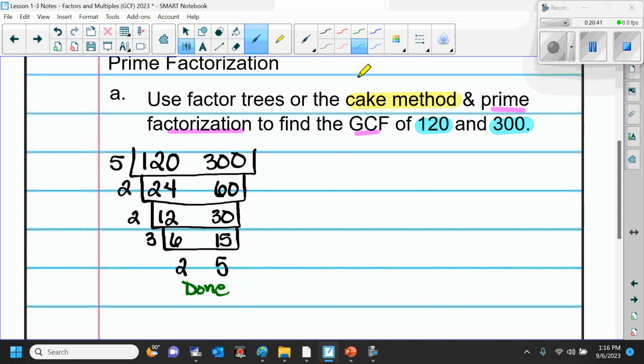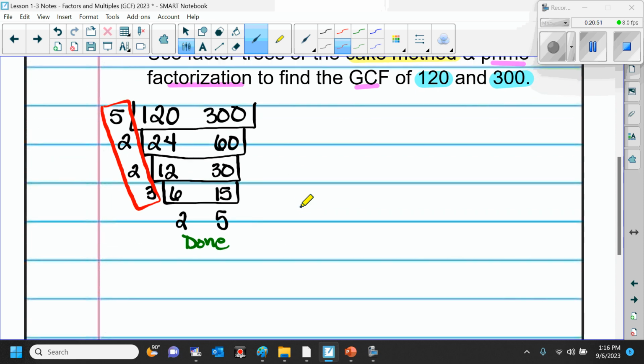And to get our greatest common factor, there is what we will multiply. So the greatest common factor, the GCF, we will find by multiplying 2 to the second power times 3 times 5.